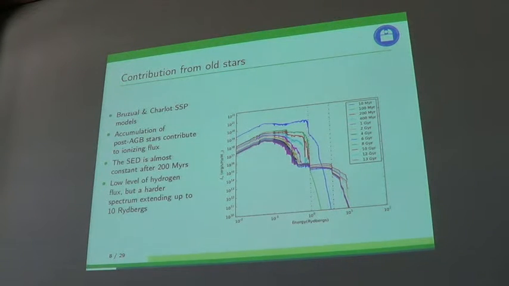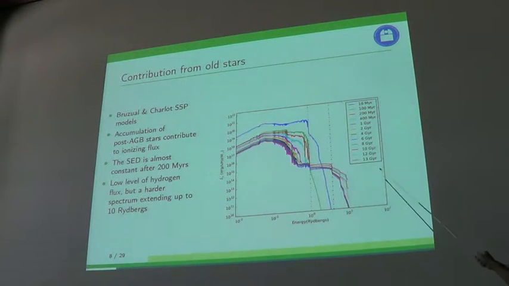Where I deviate from Sebastiano's model is that I also include the contribution from old stars. We heard a lot about it in the morning. This is the Bruzual and Charlot single stellar population model, showing the luminosity as a function of energy for different ages of the single stellar population.